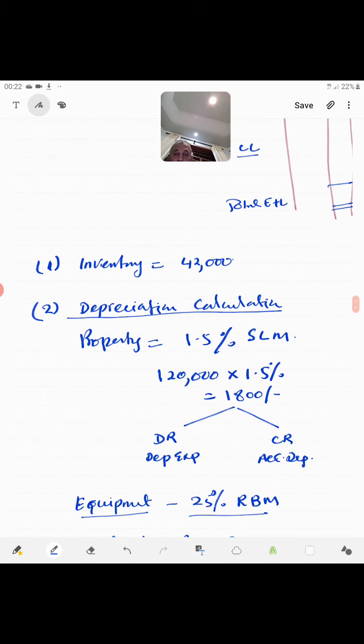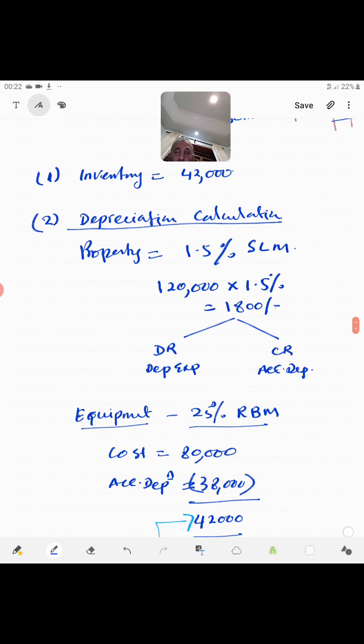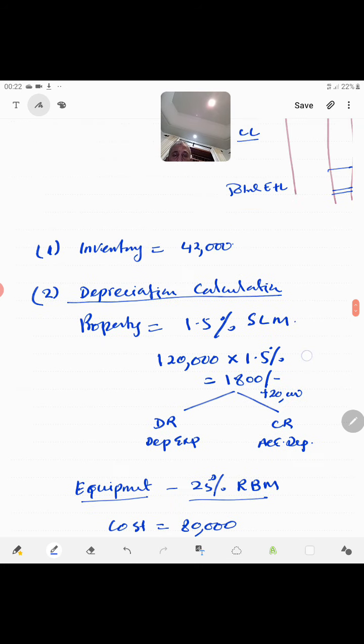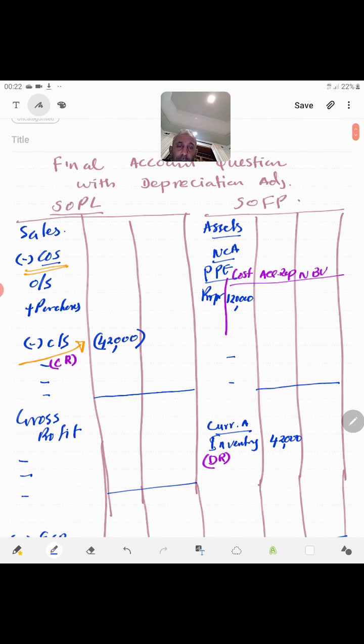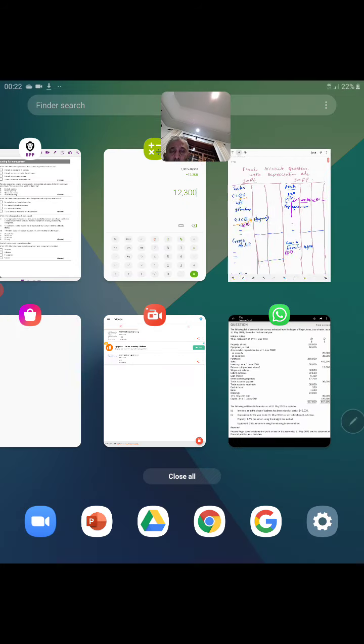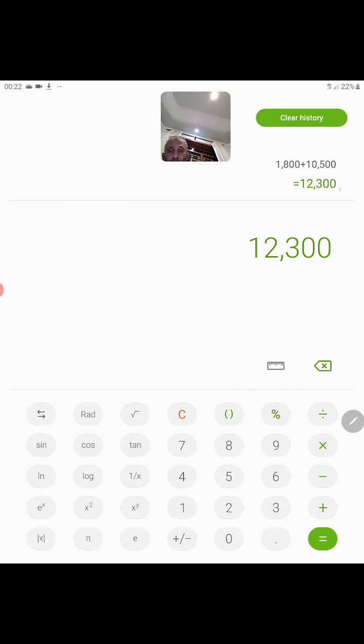So depreciation will be plus 1,800, so 21,800. Then the net book value will be 120,000 minus 21,800, 98,200.